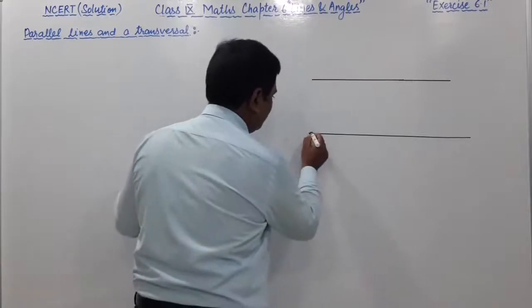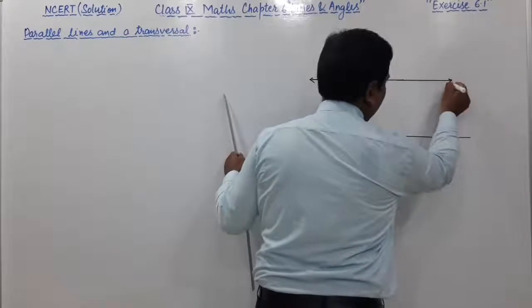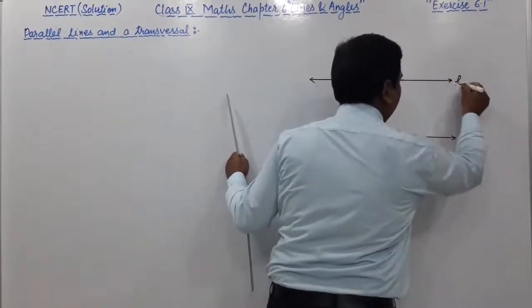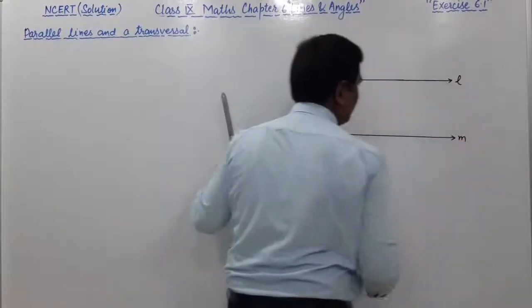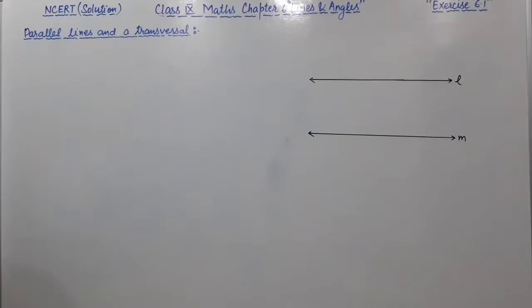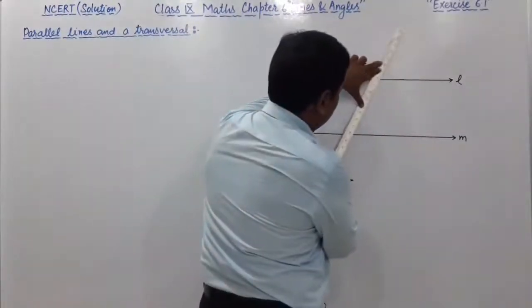Are they parallel? Say these are line L and M, right? These two parallel lines are intersected by a transversal. Its name is line PQ.